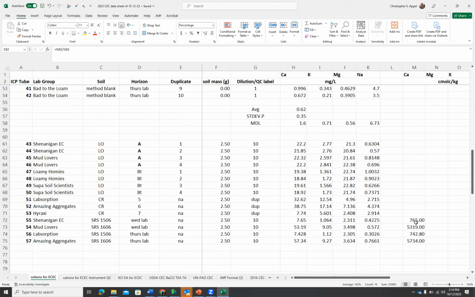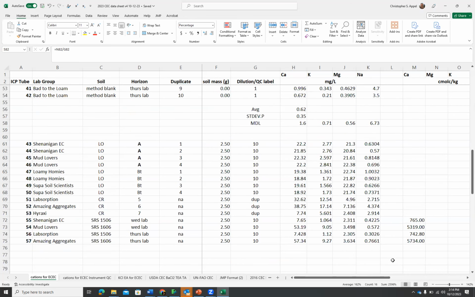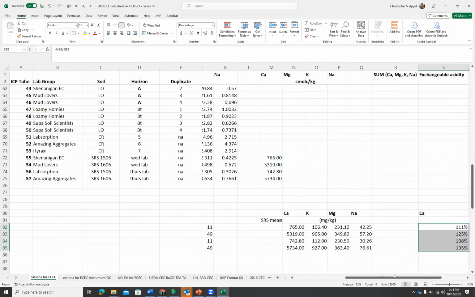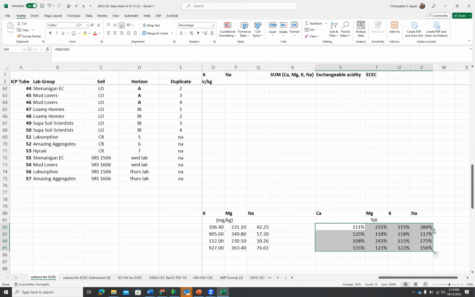The measured values in our diluted samples are on the order of 0.5 to 0.7, and in the undiluted ones, we could go back up here, but those are even less than 6.73. So for sodium, all the values that we determined just then are below the detection limit. So they are inherently inaccurate. So I'm just going to get rid of them.